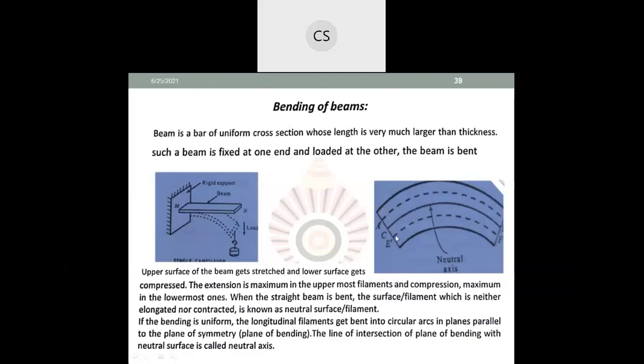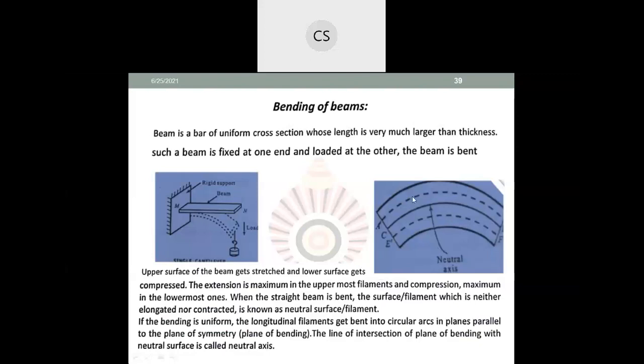Below this, again the layers get contracted or compressed. So as you come down, the lowermost filament is compressed to the highest extent.